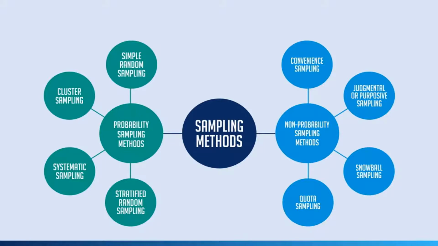Now another is what we call cluster random sampling. Cluster random sampling is a way to randomly select participants or respondents when they are geographically spread out. Take note, the keyword here is geographically spread out. Cluster sampling usually analyzes a particular population in which the sample consists of more than a few elements.